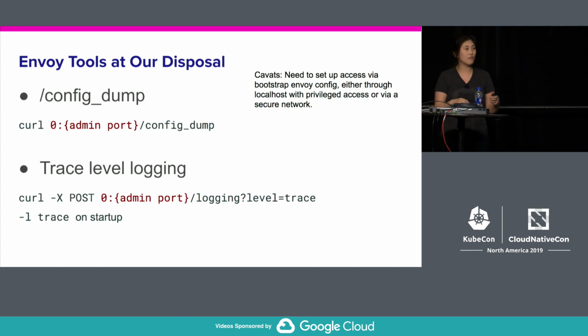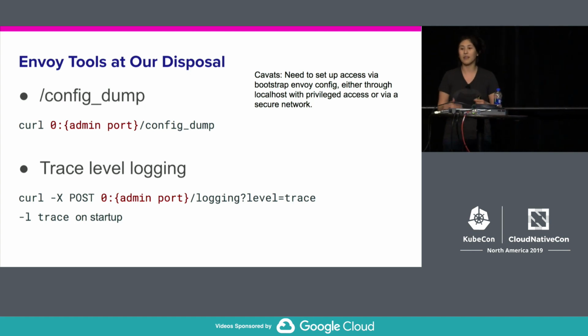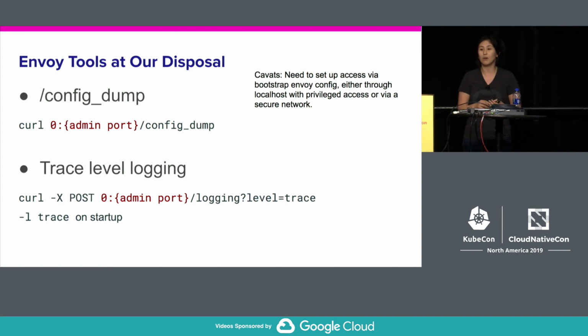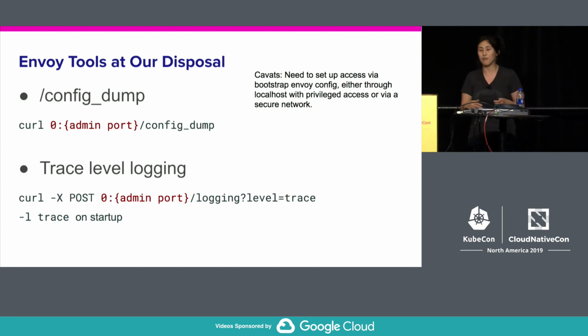At Lyft, we set it up such that it's on localhost, so you have to have privileged access to curl this endpoint, but then you can see all this data once you're in the box. The other ways I've seen people set this up is they have a firewall or a secure network to curl this information from the VM or container directly.